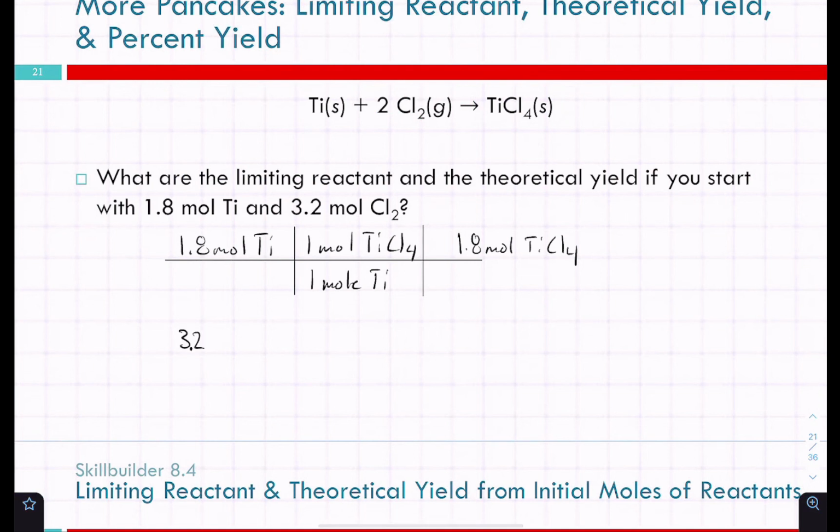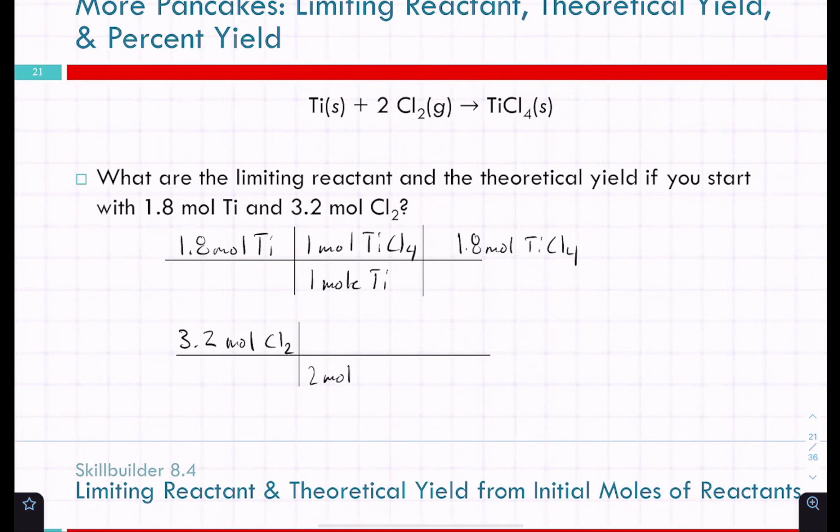So then we do another one. We start with 3.2 moles of chlorine. And then we use the ratio from chlorine to titanium chloride. So 2 moles of chlorine will give us 1 mole of titanium chloride.